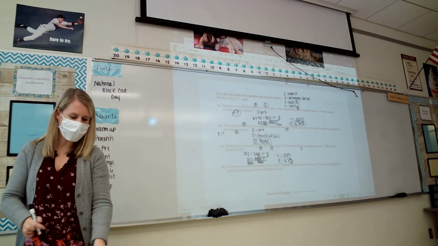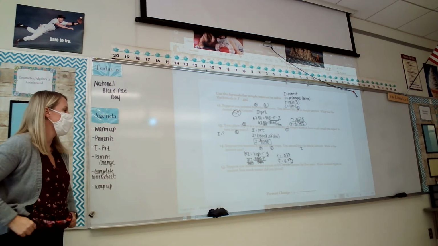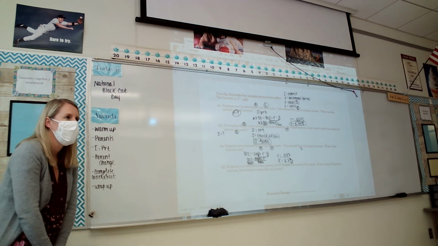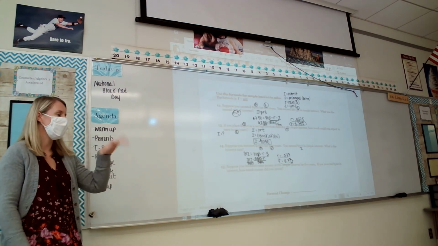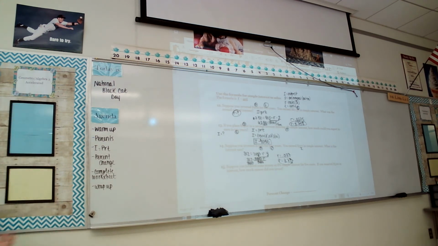Does anyone have a question about how we set that up, or how we simplified, or anything of the sort? Fabulous. Okay, so that's the second thing. The first thing was percent equations, like is of what, how do we write them? The second thing, if it talks about simple interest, we're using that formula. It's not too terrible to plug into, it's not too long or complicated. It's just knowing what goes where.